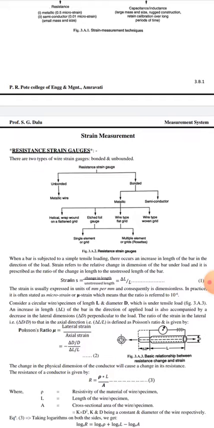The change in the physical dimension of the conductor, because that wire or cylindrical rod that we have considered acts as a conductor, will cause a change in its resistance. Density is nothing but kg per meter cube, that is mass per unit volume.